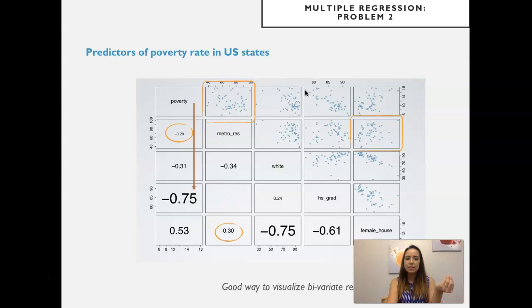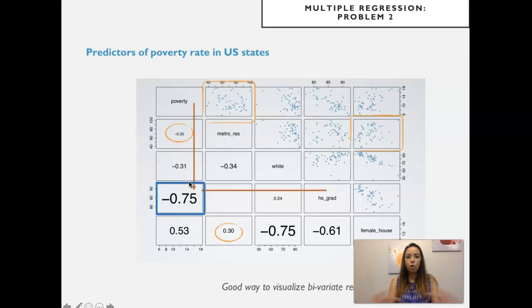So if you want to get the number to indicate that, that's a negative 0.75, which is a pretty moderate to strong relationship, right? Remember, our cutoff is like above 0.8. And think about it, because poverty is such a complex phenomenon, finding a 0.75 relationship is pretty good, right?